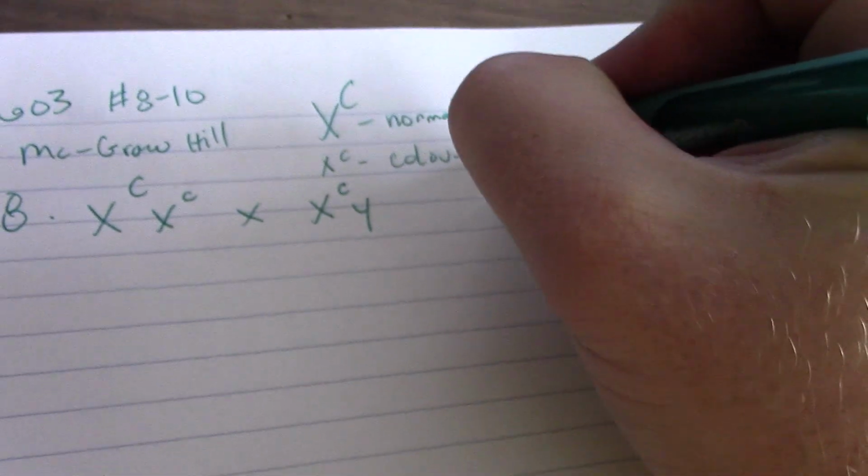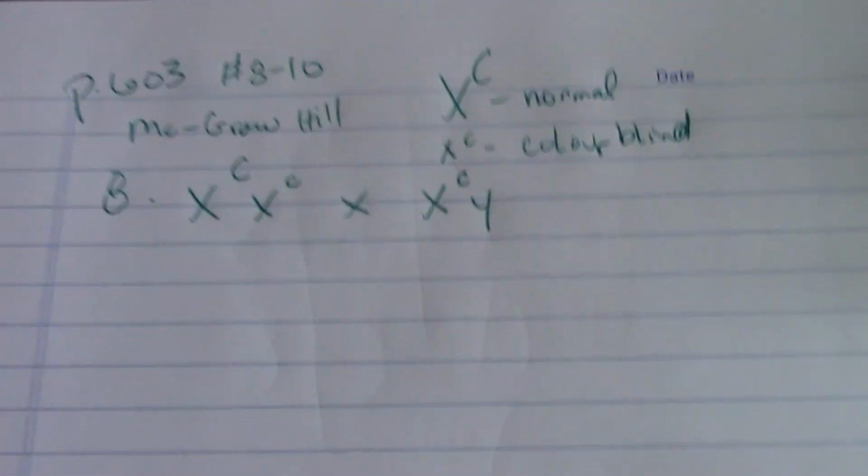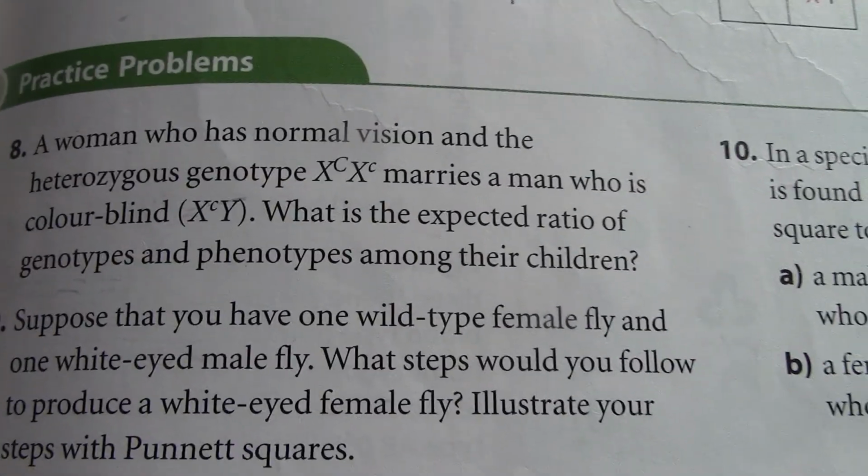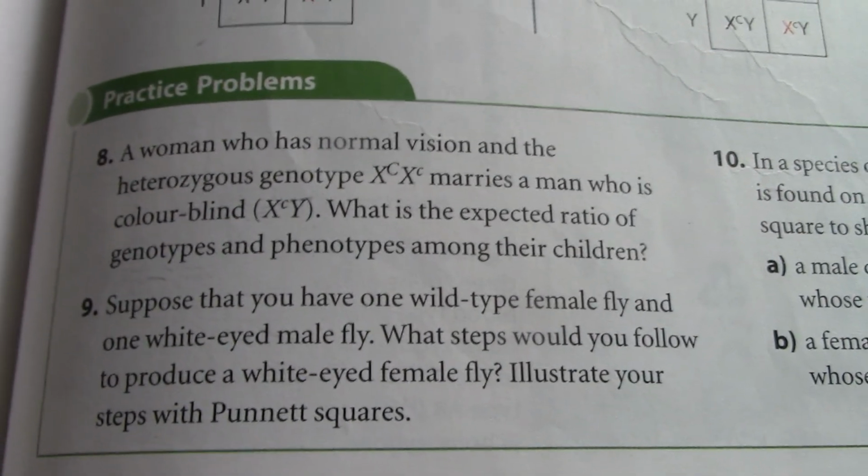So here's the deal with X-linked, right? Males are disproportionately affected because they only have one X chromosome. So they can't have a dominant X to cover up a recessive trait. So they'll just possess the trait. The question says, what is the expected ratio of genotypes and phenotypes among their children?